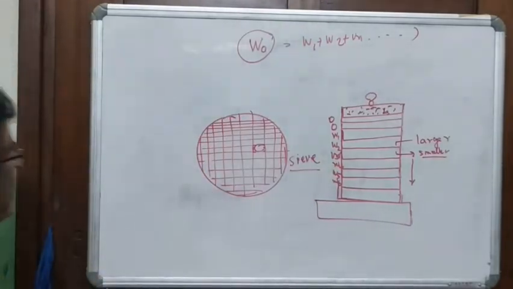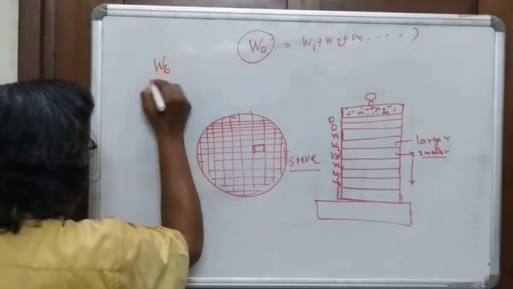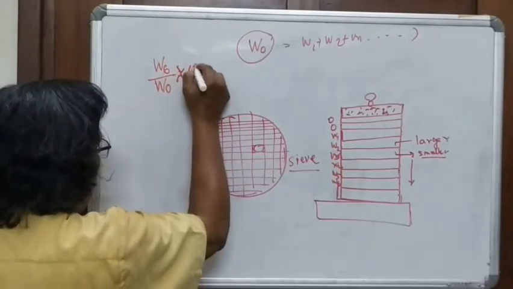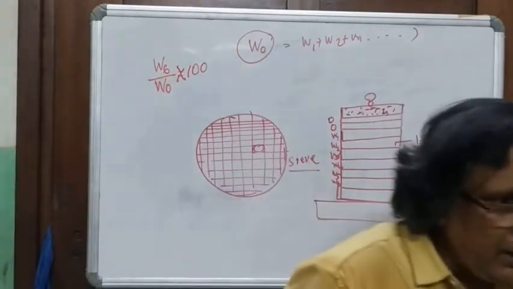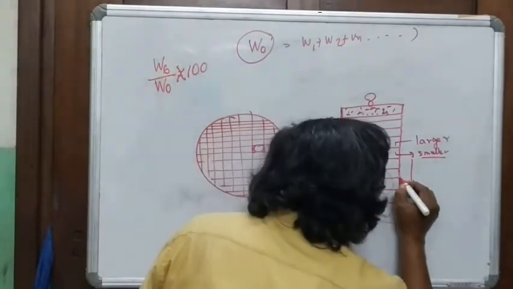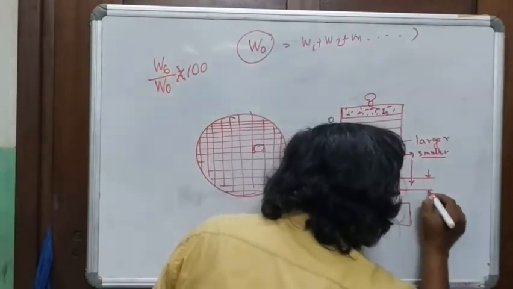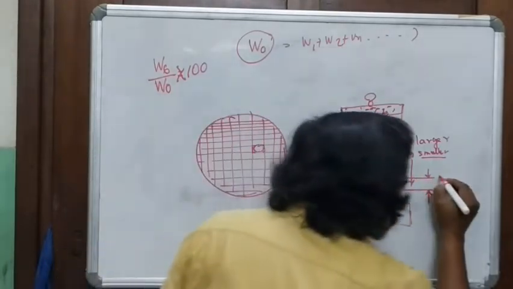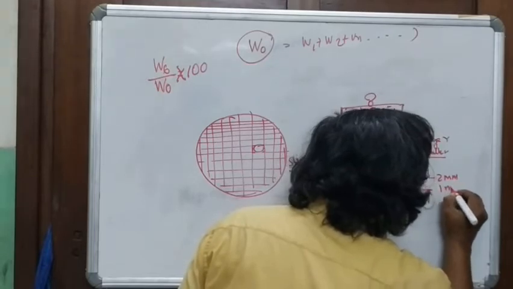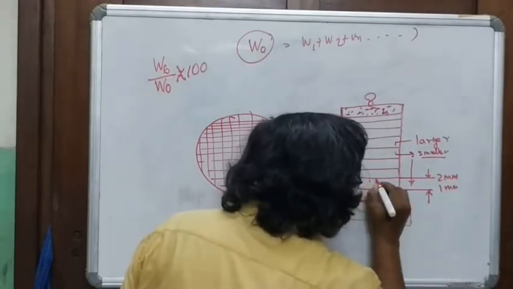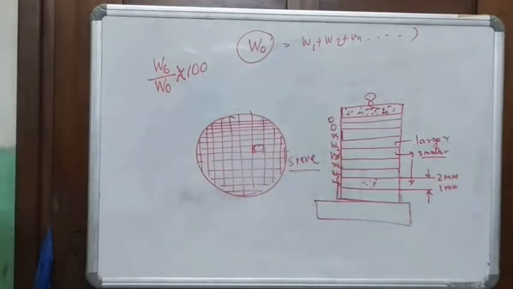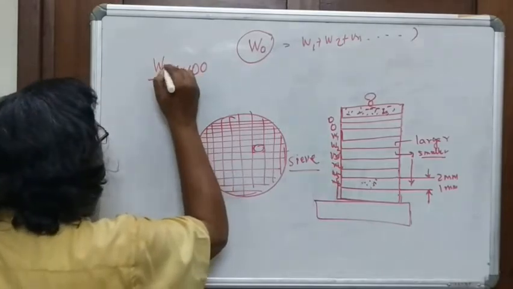Now, if I take, say, W6 divided by W0, this fraction, times 100, what is it giving me? It is giving me the percentage of weight between this size and this size. Say this is 2 millimeters and this is 1 millimeter. All the material here has a size between 2 and 1 millimeter, and they form, say, W5.